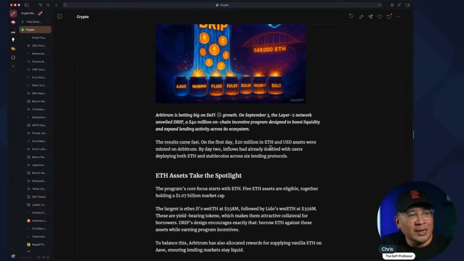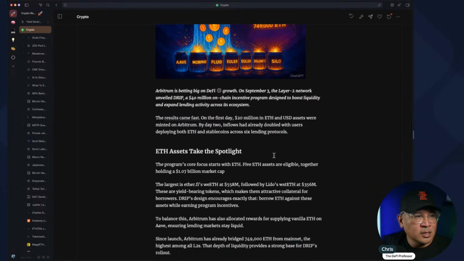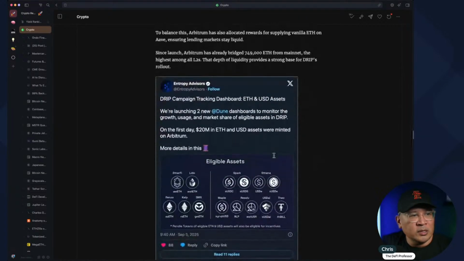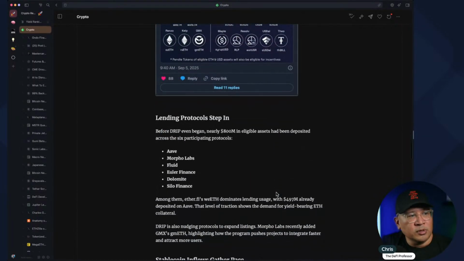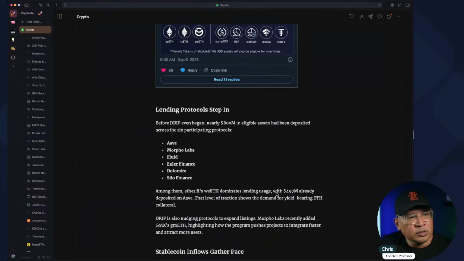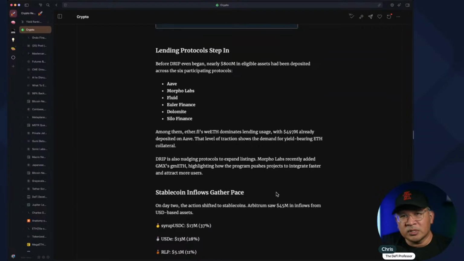Wow, 20 million ETH and USD assets were minted on Arbitrum on the first day. Yeah, it's definitely one thing that they're doing here. This is nice. If you use Arbitrum, which many of you should, it's the chain that we start off on with new users in our communities, just because of the central nature at this point of where Arbitrum is in the ecosystem.